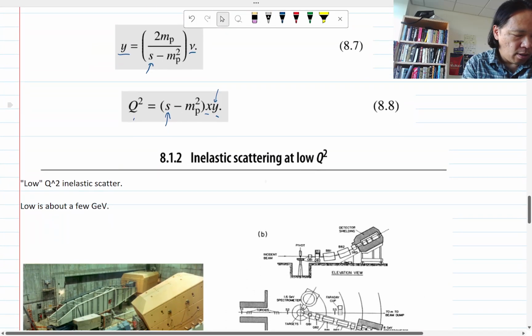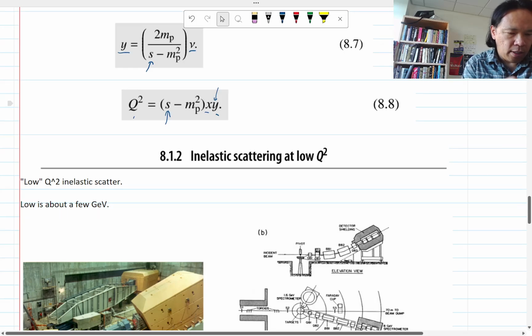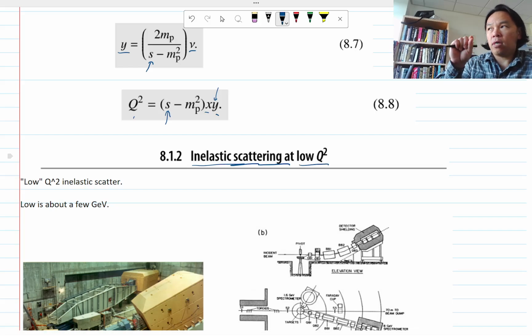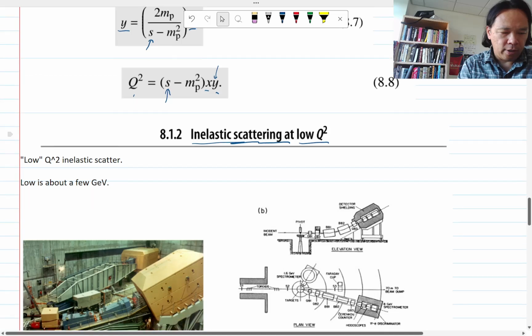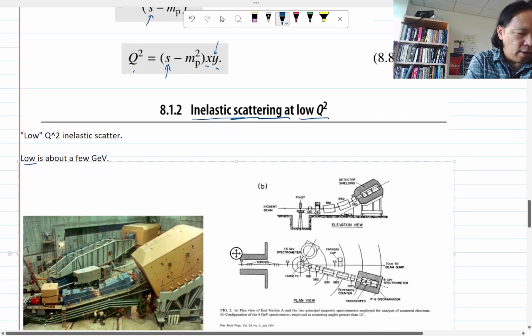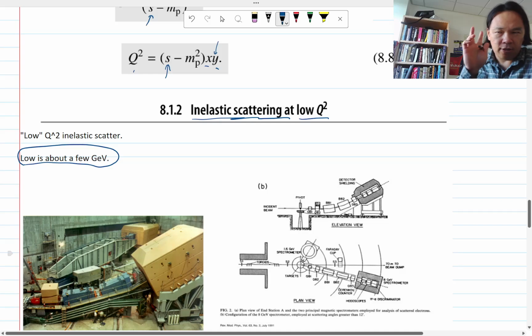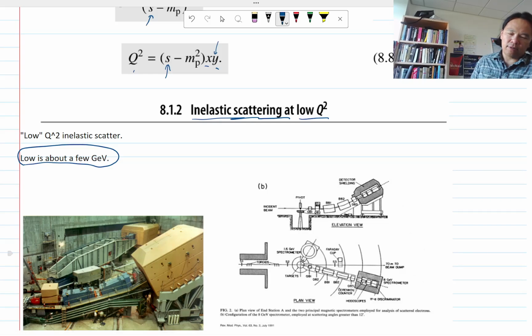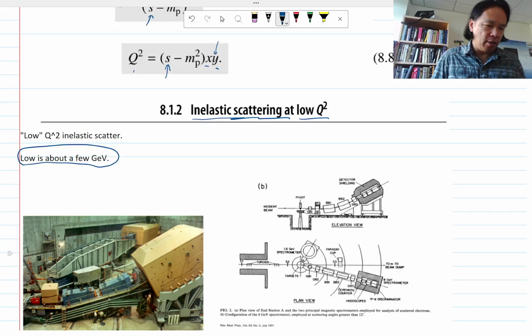We're going to start off by thinking about inelastic scattering at low Q squared. We're still kind of on the threshold of being able to see inside the proton, but not in as much detail as we want. Low energy here is about a few GeV. In other places this would be extremely high energy, because a GeV is basically the mass energy of a proton.